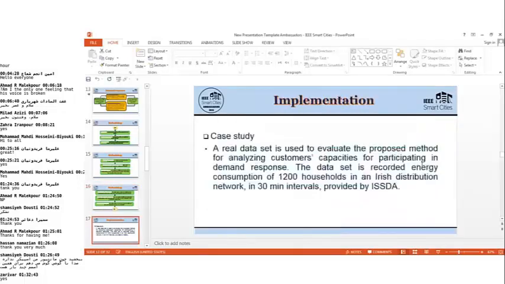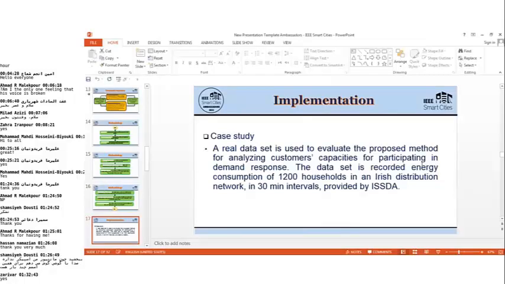Okay, in the implementation phase, we need a case study on which the described actions would be implemented. A real data set is used here to evaluate the proposed method for analyzing customers' capacity for participating in demand response.